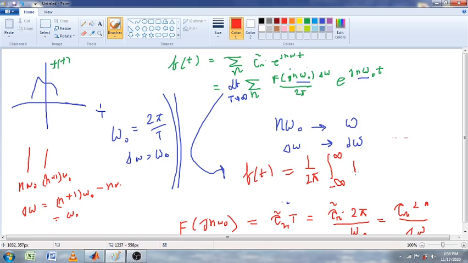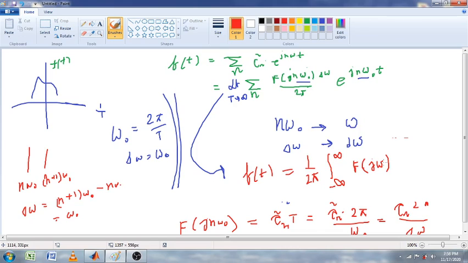And then inside this it turned out to be F of j omega, instead of j n omega naught, which were discrete variables. It turned out to be j omega, which is a continuous variable, which was also logical from our understanding that even if our spectral gap was becoming smaller and smaller, there is no point in having discrete harmonics, because we are not going to have discrete harmonics anymore.